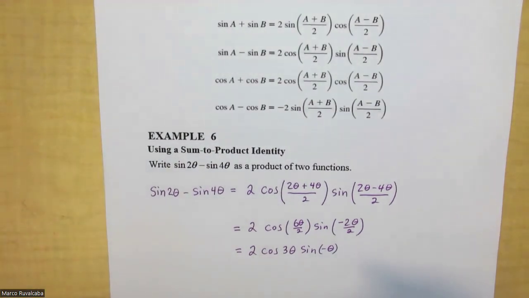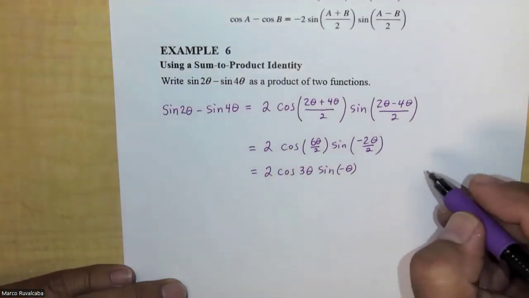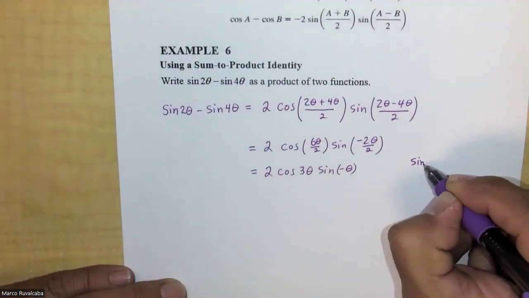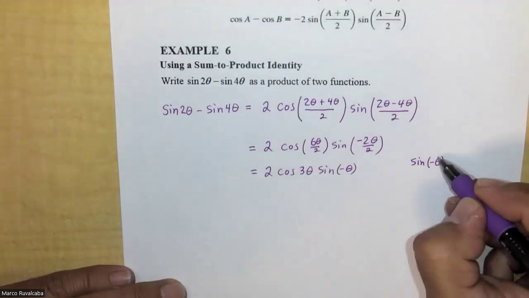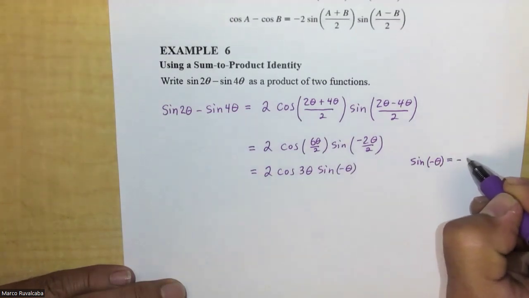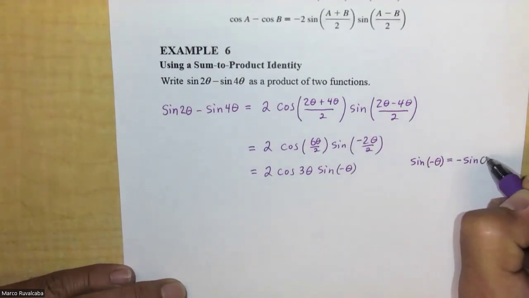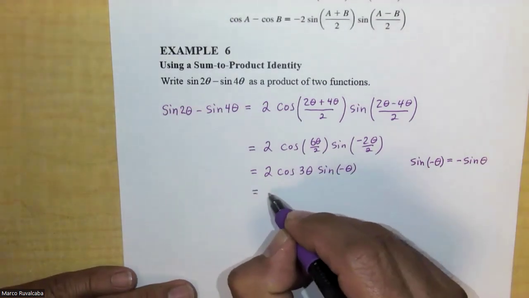And remember, sine theta is an odd function. An odd function means that the sine of the negative argument is equivalent to the negative sine of the positive argument. So because it's an odd function, I'm just going to put the minus outside.